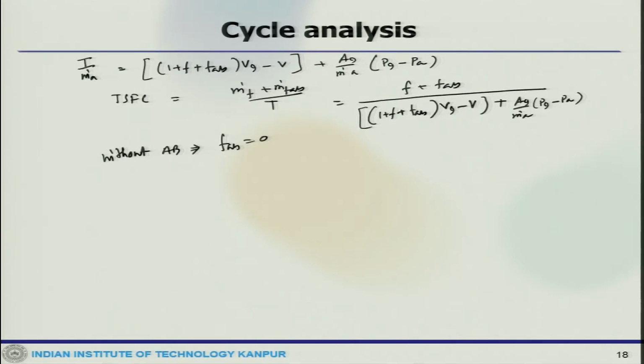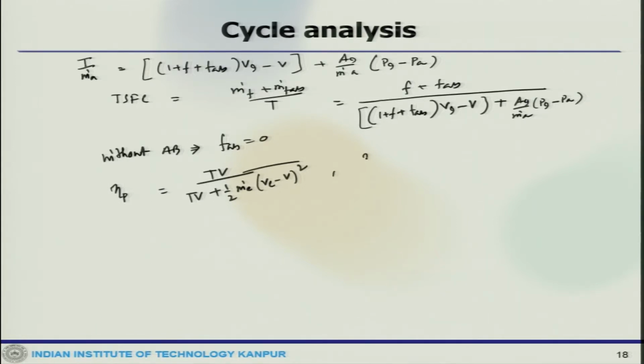Now also, it resembles the propulsive efficiency, eta P, which will be TV by TV plus half m dot E (VE squared minus V squared), where m dot E is the exit mass flow rate and VE is the exit velocity.